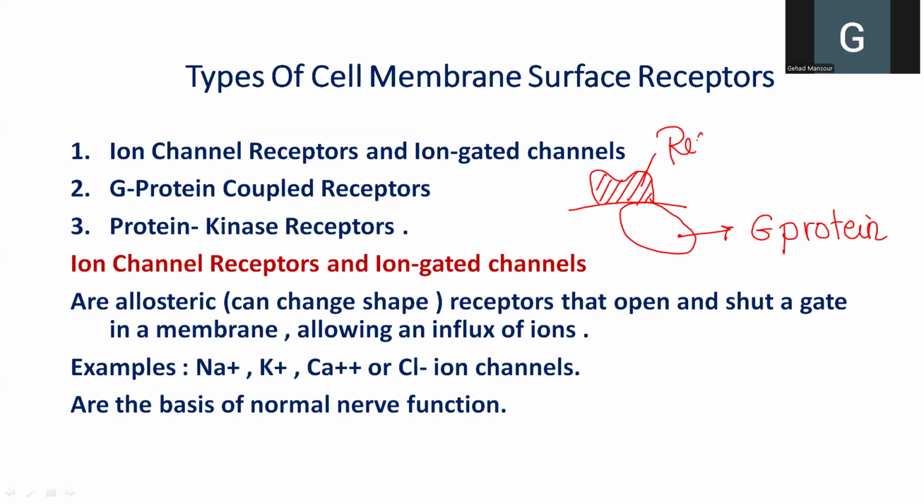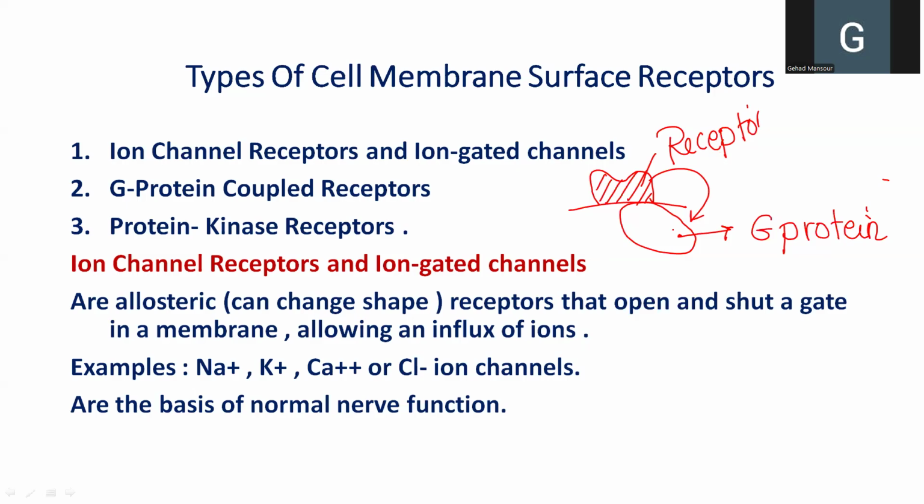So this is the main body of the receptor, and the receptor is attached to a G protein. That's why we call them G protein coupled receptors, because they are receptors that are coupled with the G proteins. Upon studying the signal transduction pathways in detail, we will see how these G protein coupled receptors can cause changes inside the cell.